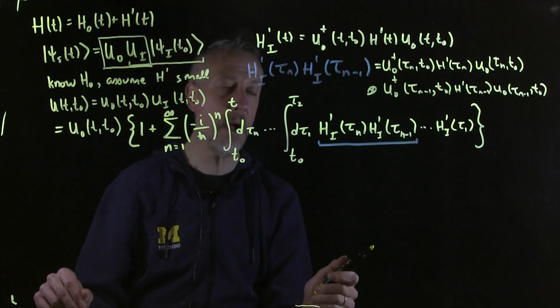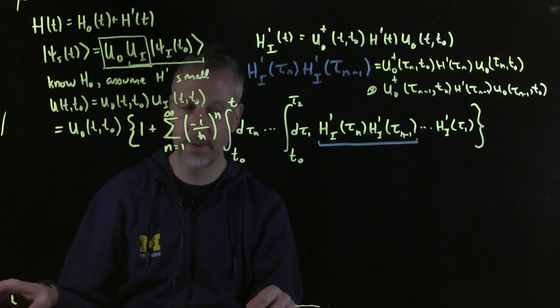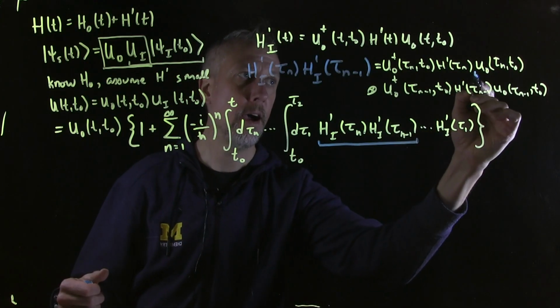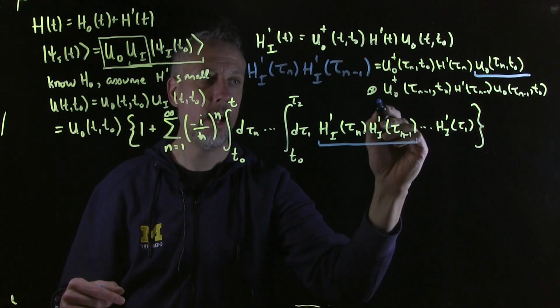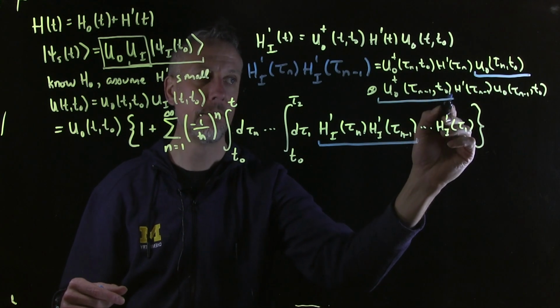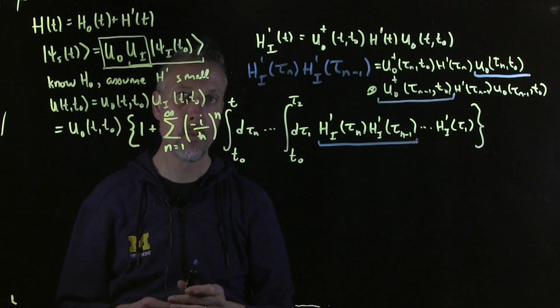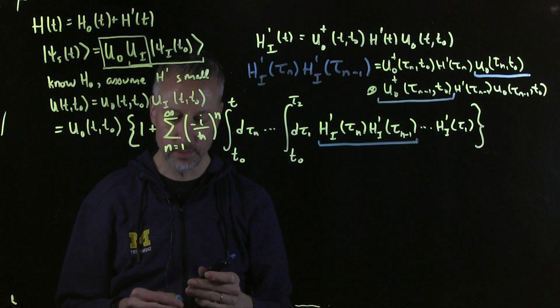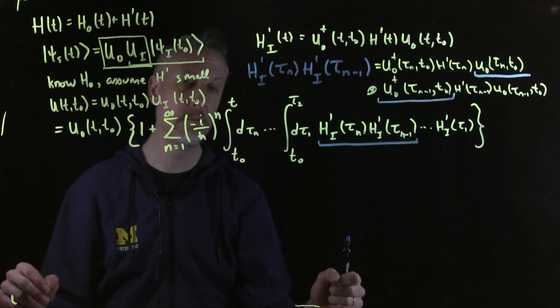And let's look at what happens at the intersection of these two terms. At the intersection, we have U naught of tau n, t naught, and we have U dagger of tau n minus 1, t naught. We want to figure out what that is and how we can simplify it.